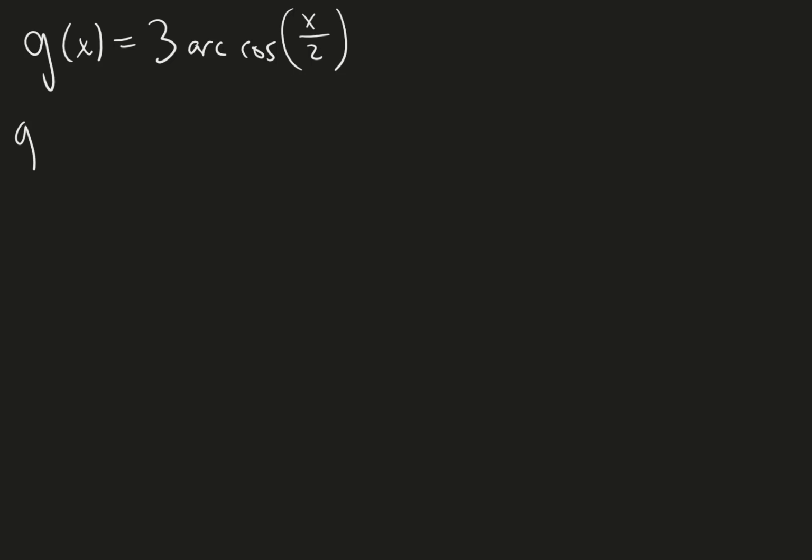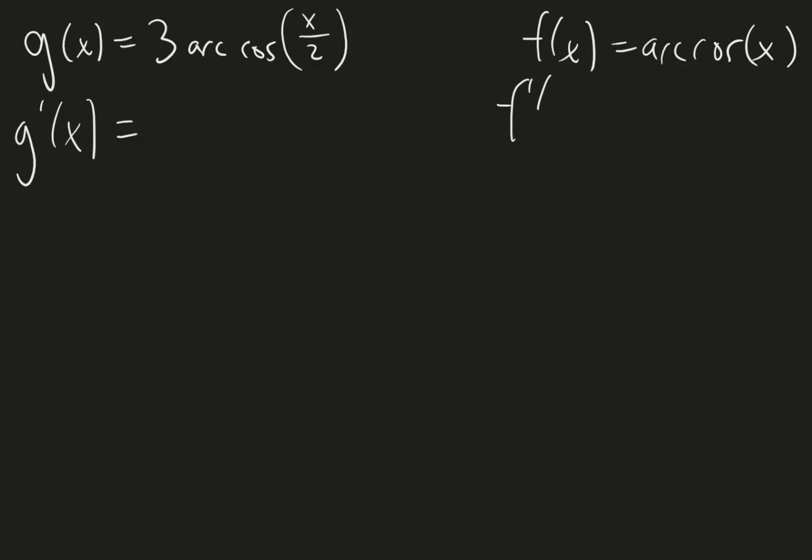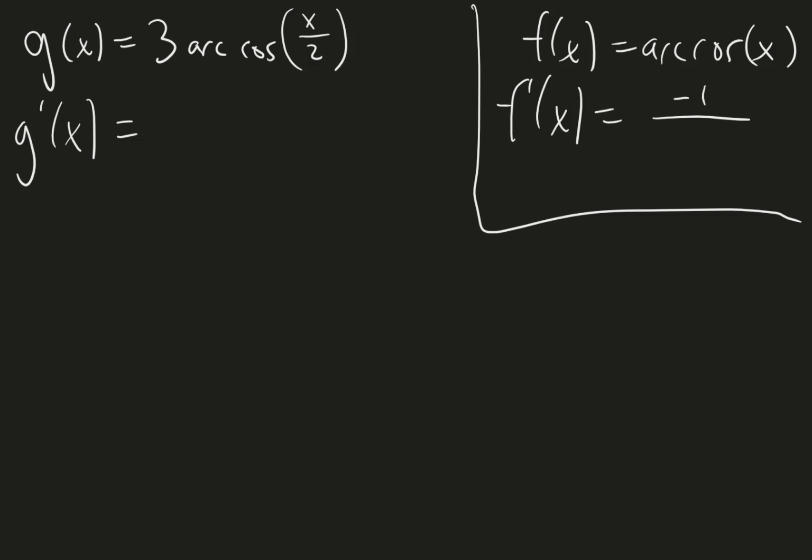But to be able to do this, we certainly would like to know that if the function was inverse cosine of x, we would like to know what is the derivative. This needs to be memorized. Alright, and it is -1 over the square root of 1 minus x squared.